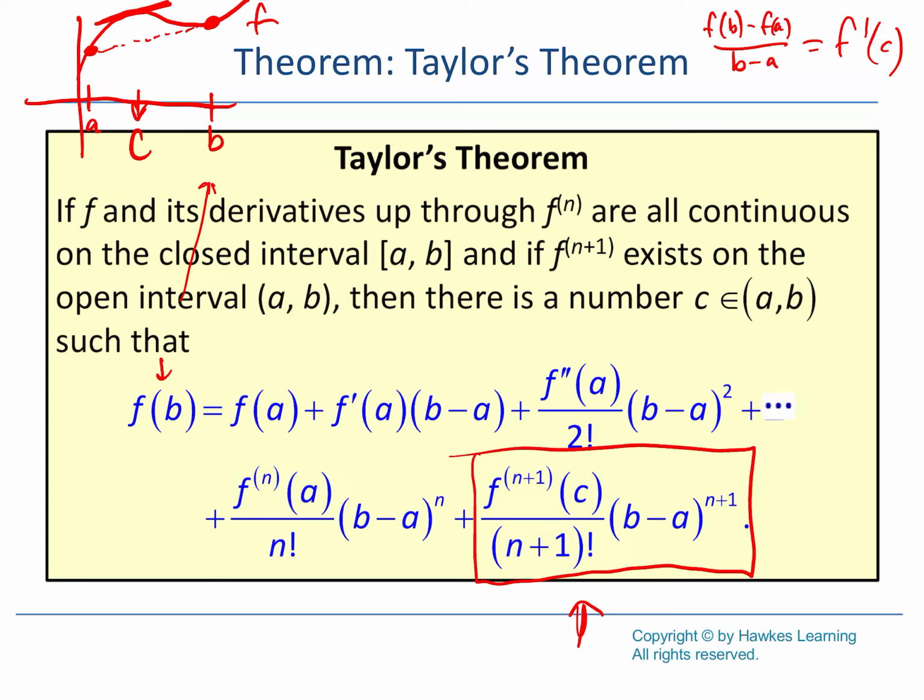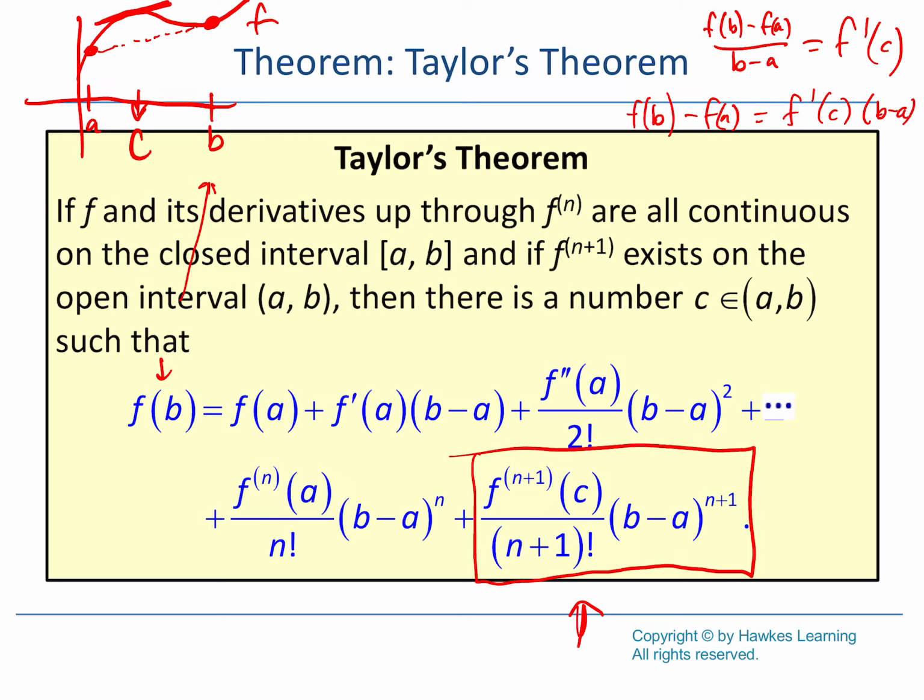This is very much just a rearrangement of the mean value theorem above. If I multiply both sides by b minus a, I just want to show you that you get f prime of c times b minus a.